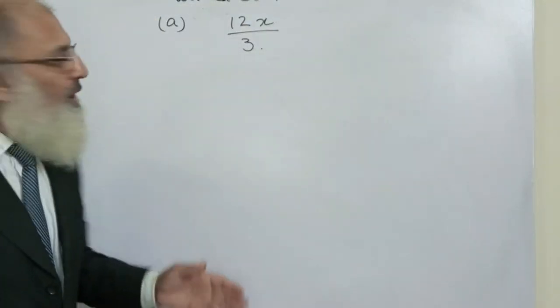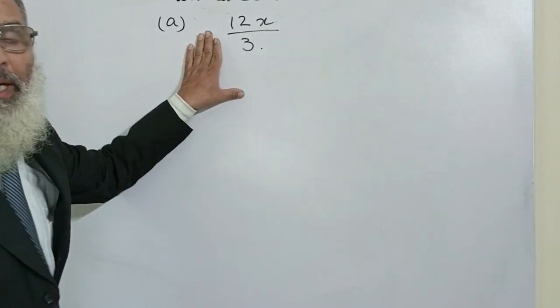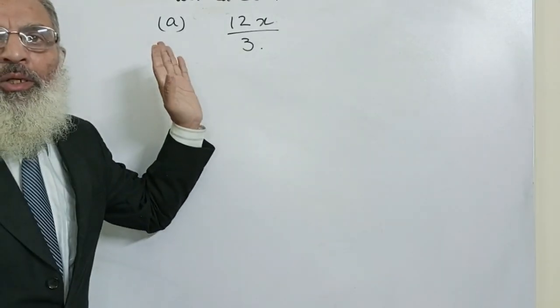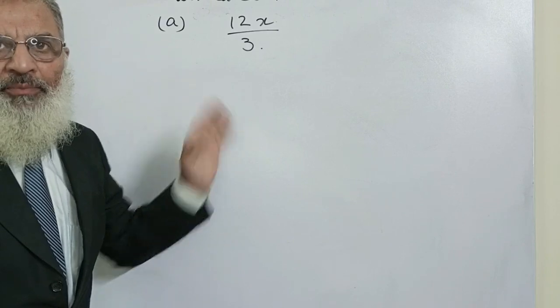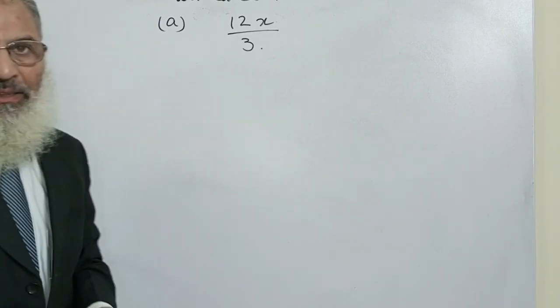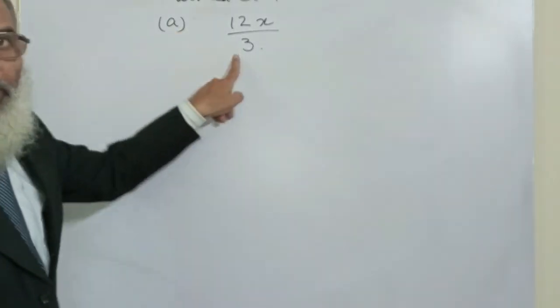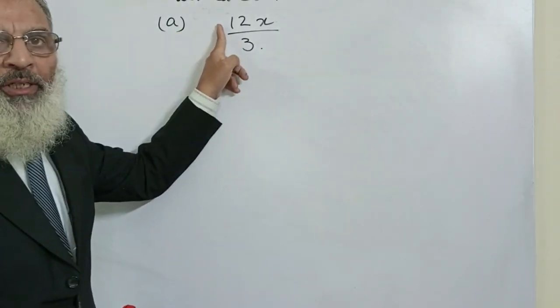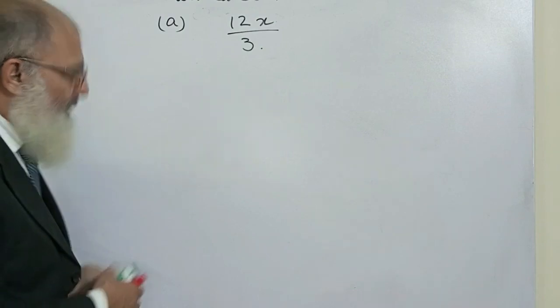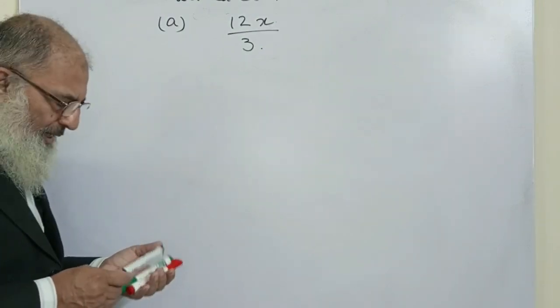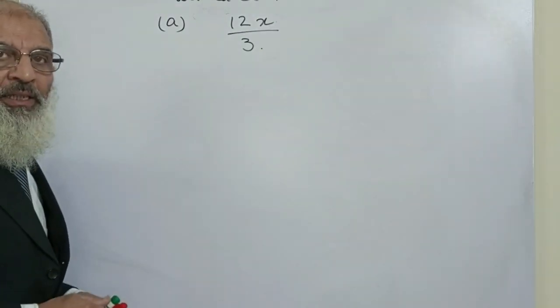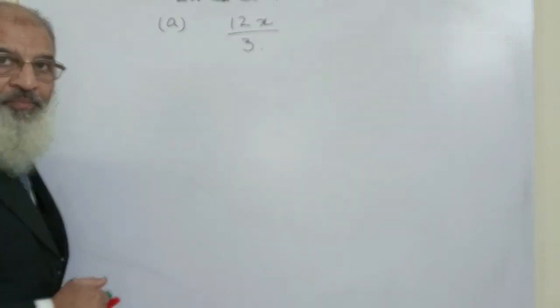Now what we do is we will adopt a procedure which is called cancelling. In fact, what is cancelling? Now you see that this is the denominator, this is the numerator, and the smaller one is the denominator here.